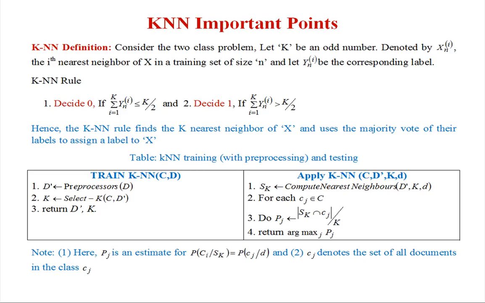Now some important points of the K nearest neighbor algorithm. The definition of KNN. Consider the two class problem. Let K be an odd number, and let the ith nearest neighbor of X be denoted by X_i.